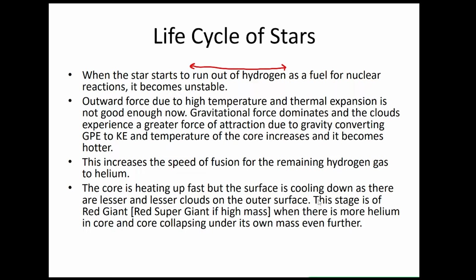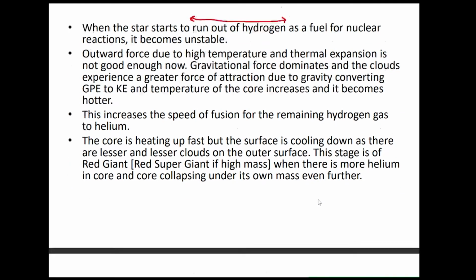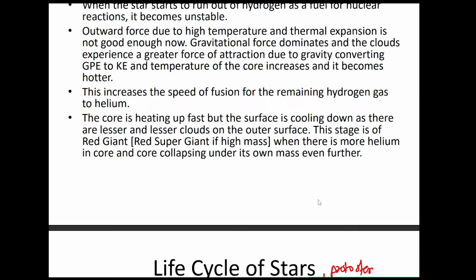Why? Because fusion is not taking place since you're running out of fuel, or fusion is taking place but it's not as energetic as it was previously. So what starts to happen is that there are going to be two layers or two systems existing in the same star.